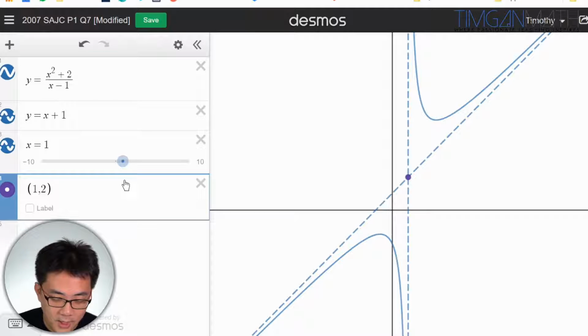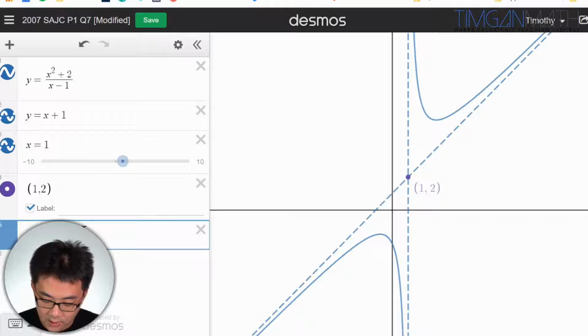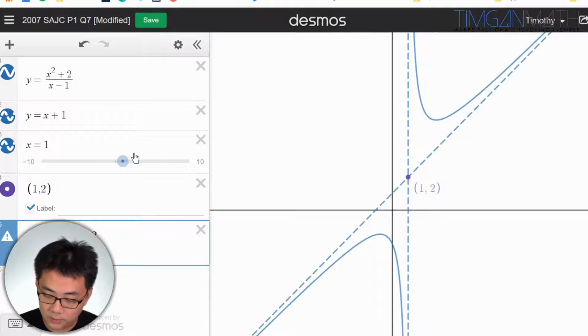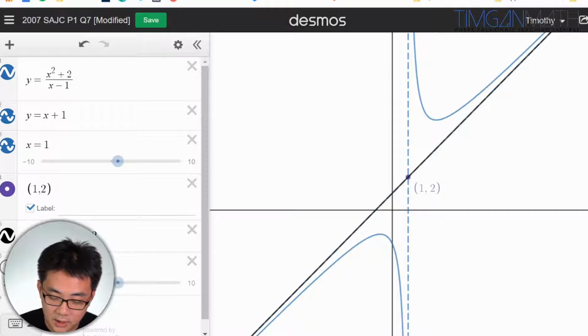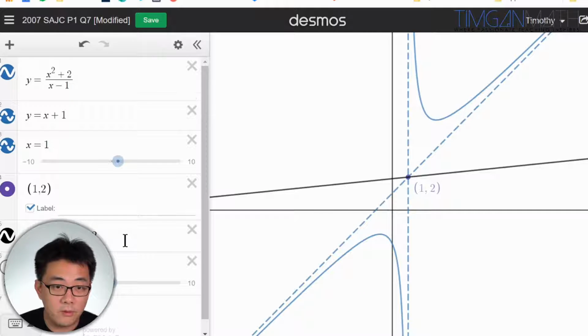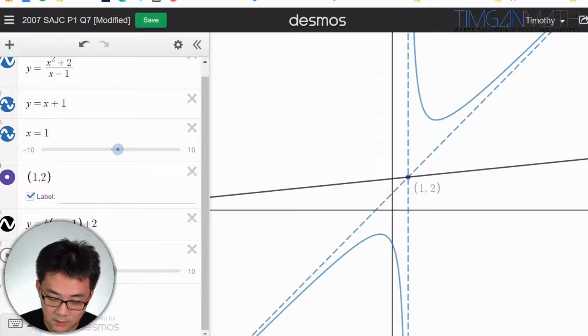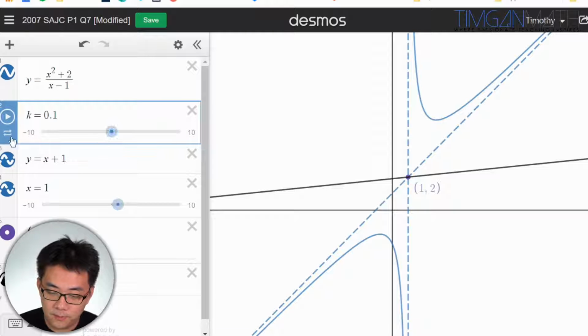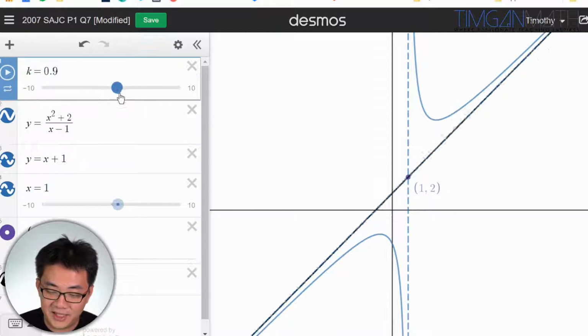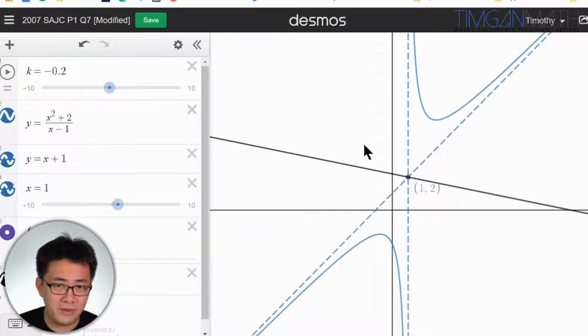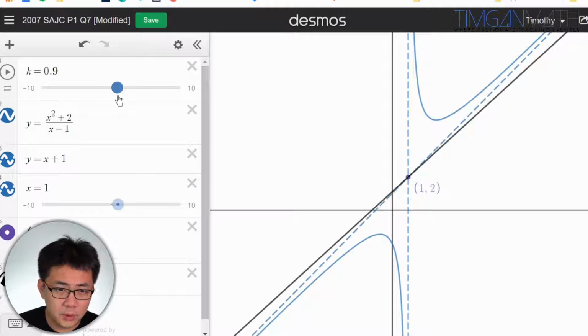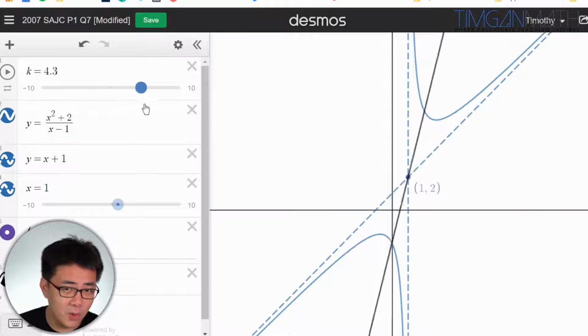And you are told that there's a line y equals k(x minus 1) plus 2. If you use this slider here, just take note that with a different value of k, obviously the steeper it is, it pivots about (1, 2).